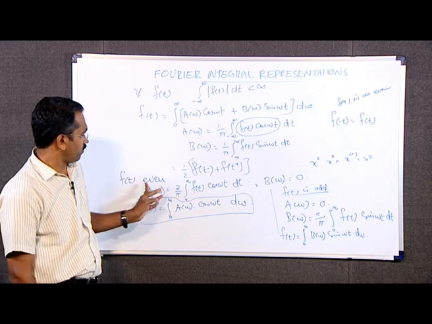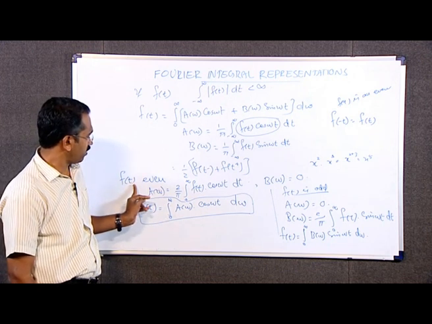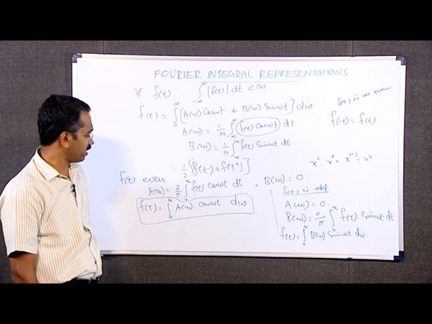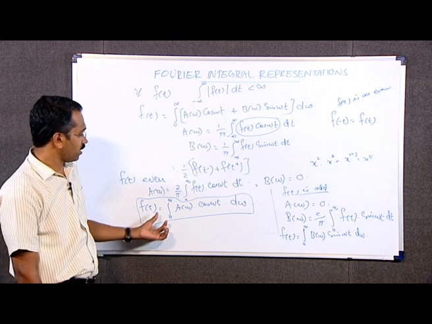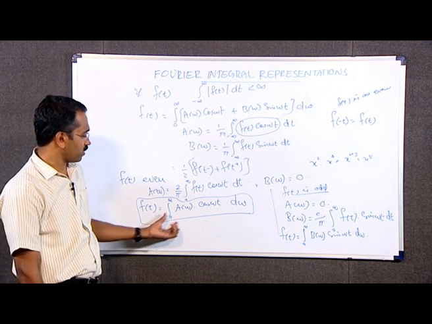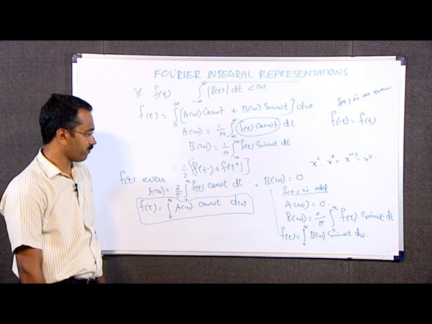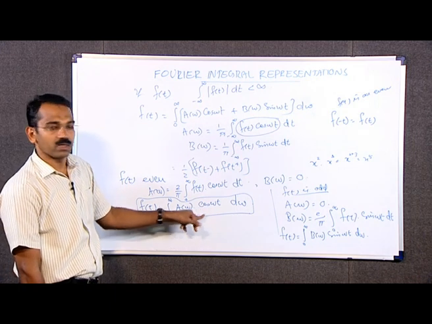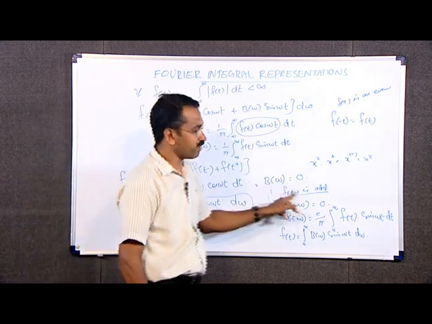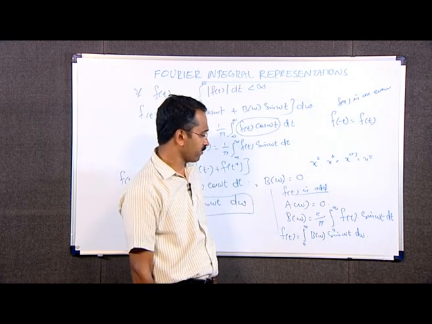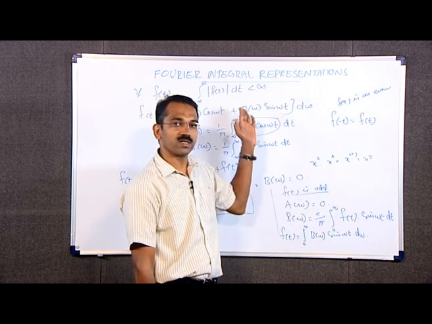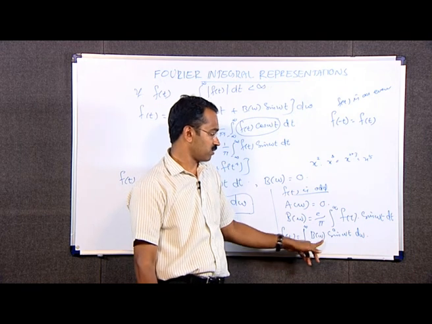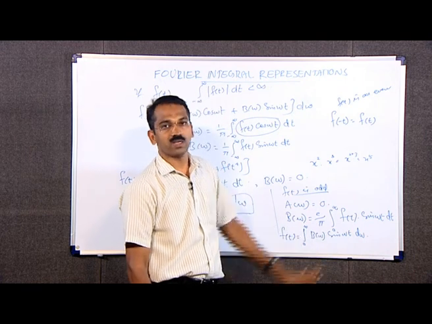That is, if f of t is even, then the corresponding integral representation will become a cosine integral, and if f of t is an odd function, the corresponding integral representation of the function will become a sine integral representation.